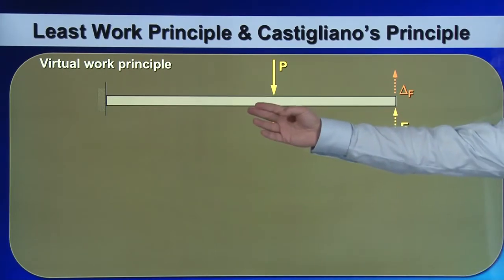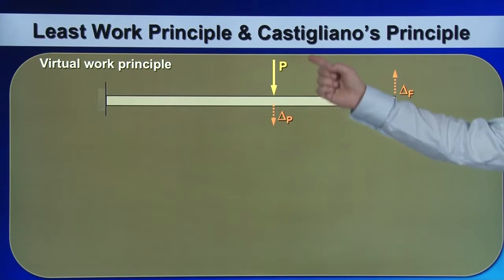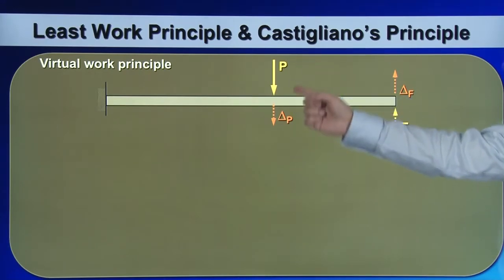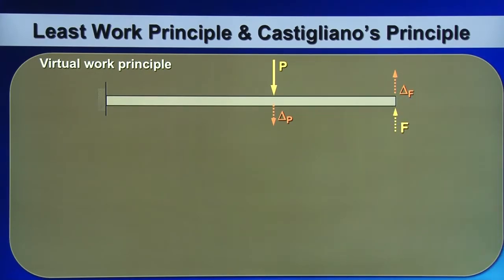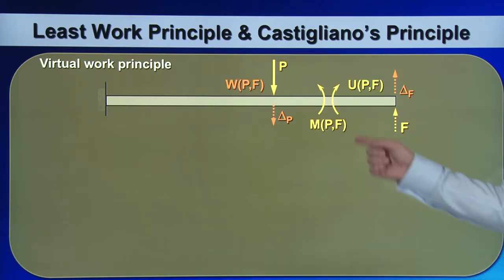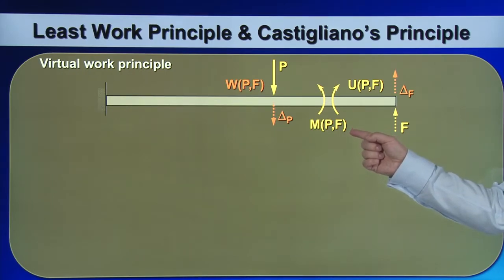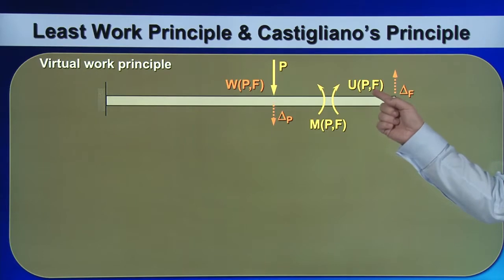This is a cantilever beam under two forces, forces P and F. The displacement along the P direction is delta P, and displacement along the F direction is delta F. So I can express the internal bending moment, which is a function of P and F, and then obtain the strain energy expression, which is, again, a function of P and F.